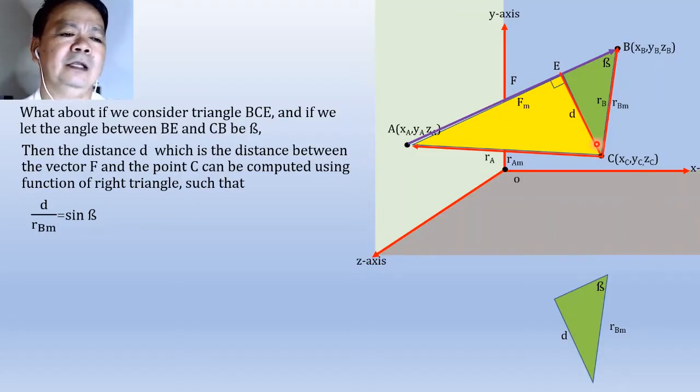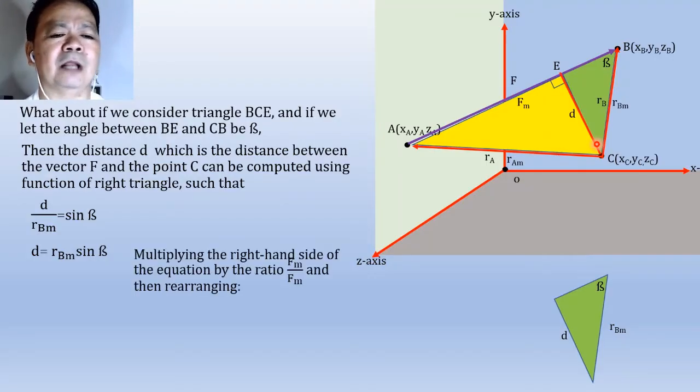So again, if we cross multiply the equation, then D representing the shortest distance becomes equal to the product of RBM times sine of beta. And again, if this equation is multiplied by the ratio of Fm over Fm, nothing will change in the right-hand side of the equation because the ratio of Fm over Fm is just equal to 1.